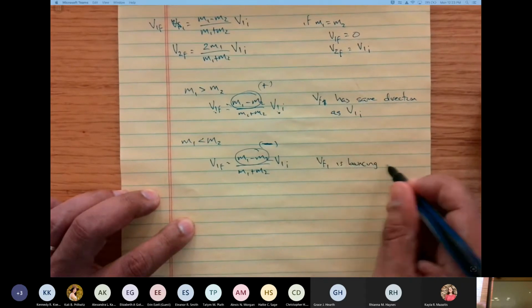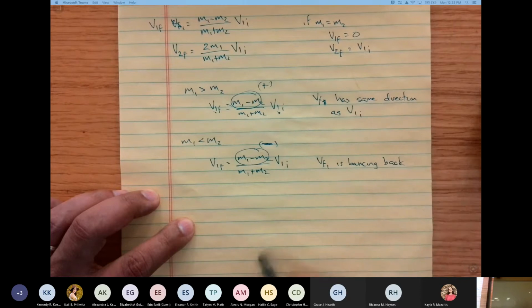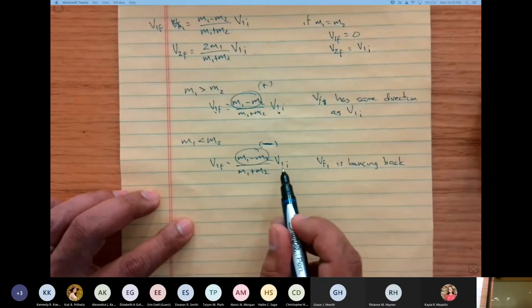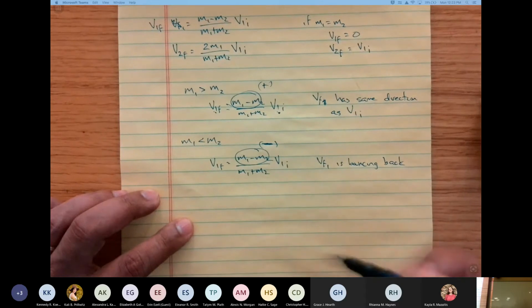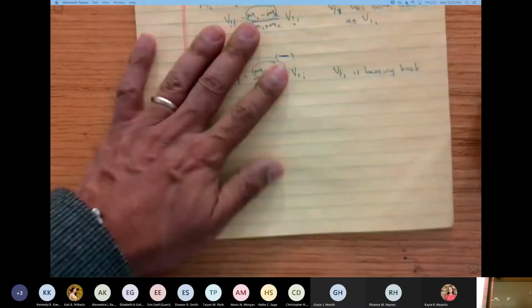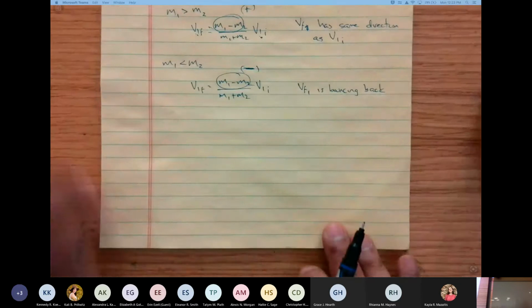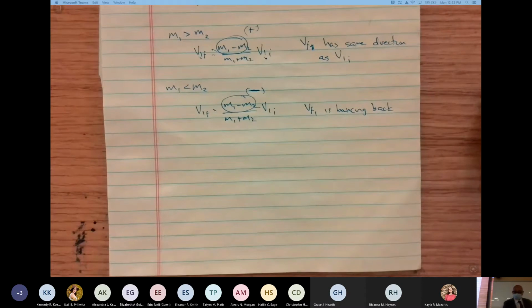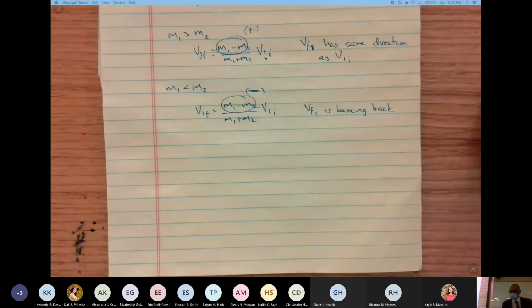So whatever direction v1 has, the final velocity is going to have the opposite direction. So it's going to bounce back. Okay.